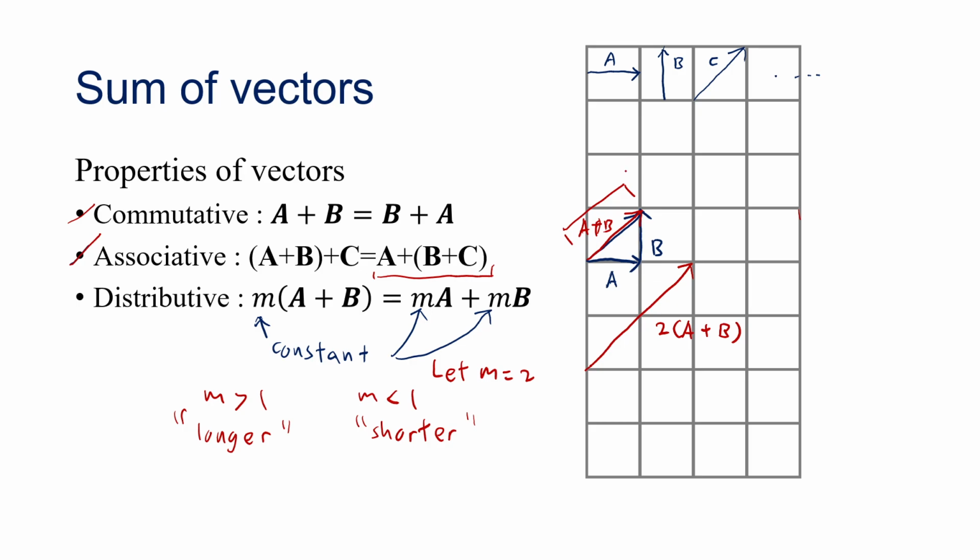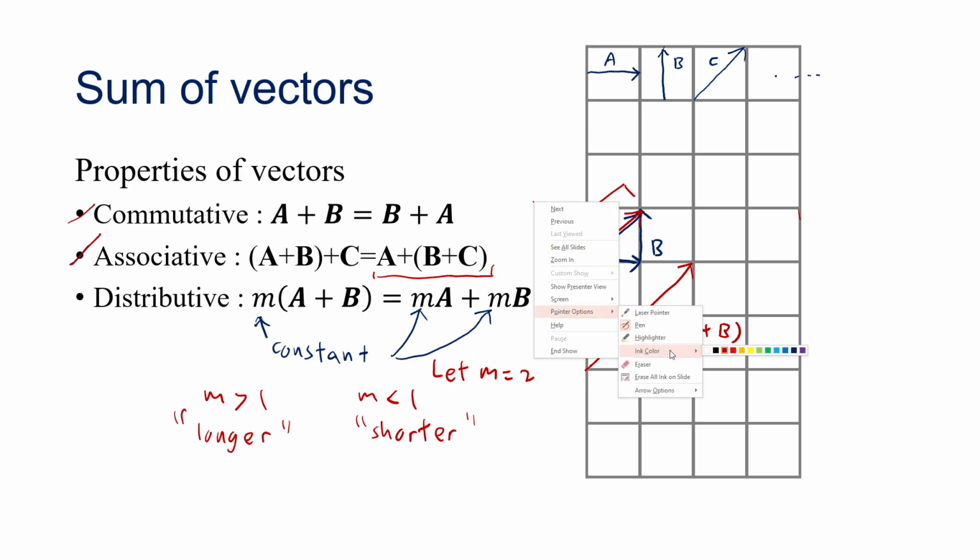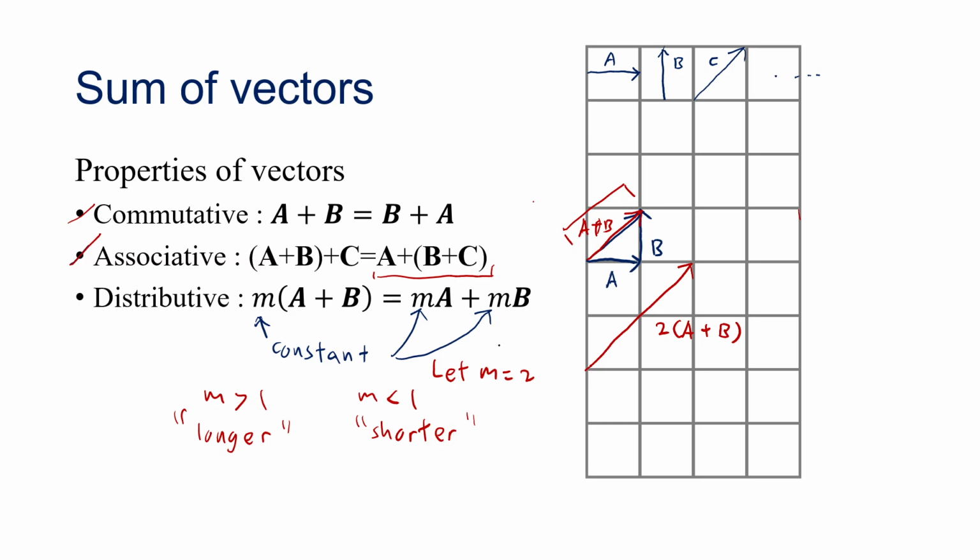Now you can see one thing is that if we scale out the a and b individually, in this case we get 2a and 2b. So we can see here 2a is something like this. We scale out the vector a by 2. This is 2a, and we scale out vector b by 2, and we add it together. Right, this is 2b.